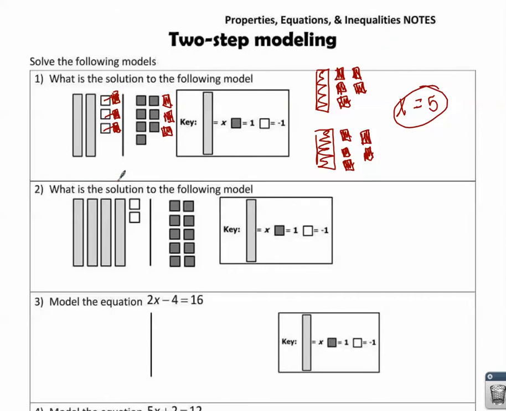Problem 2, what is the solution to the following model? Let's take the inverse operation of these boxes. I'm sorry, I added 2 on the left, so I'm going to add 2 on the right. So now I have 12 boxes and 4 x's.